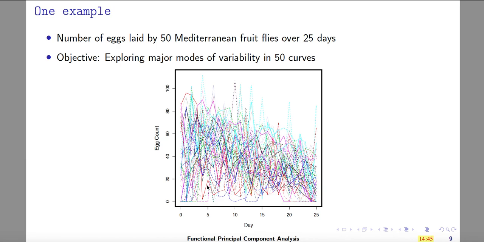The functional data I show you in this graph shows the number of eggs laid by 50 Mediterranean fruit flies over 25 days. Our objective is to explore the major modes of variability in these 50 curves.